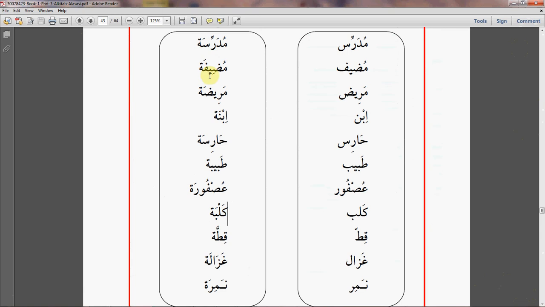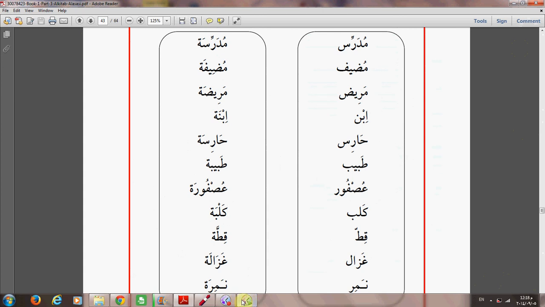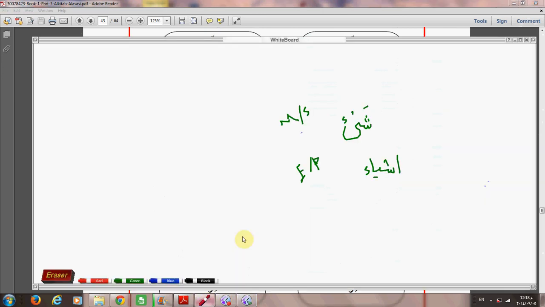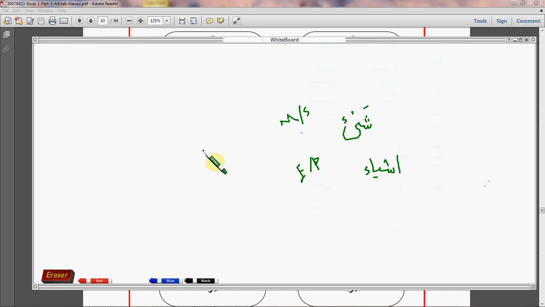Okay, this is the masculine and this is the feminine. So we notice that ta marbuta is what we use to convert the noun from masculine to feminine. It makes it مؤنث. مؤنث means feminine. If there is a joining letter or a normal letter before it, it will come in this shape.